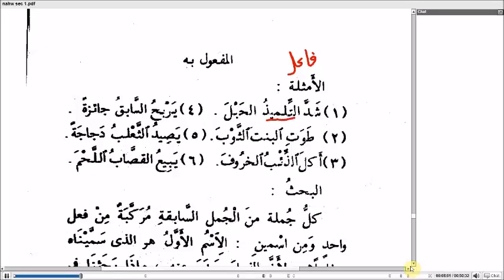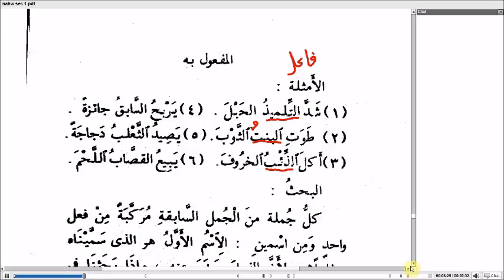The student is the one tying the rope. The bint is the one folding the clothes. The wolf is the one eating the sheep. And every time our fa'il is marfu'.